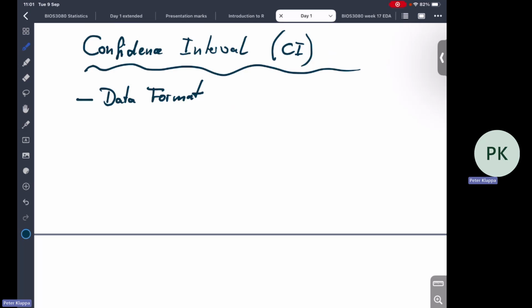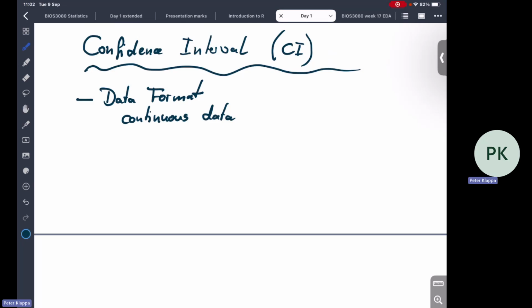We talked about data format yesterday. And what I'm going to show you in this session is the confidence interval for continuous data. What we are doing is only applicable to continuous data.